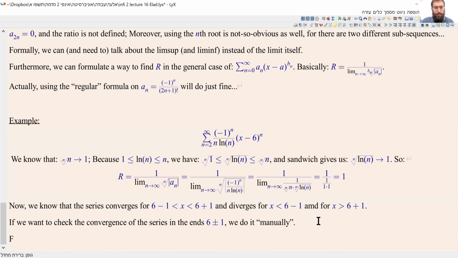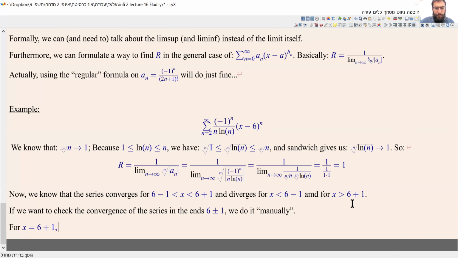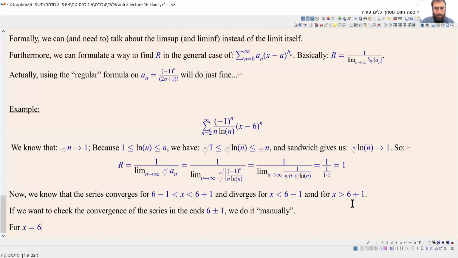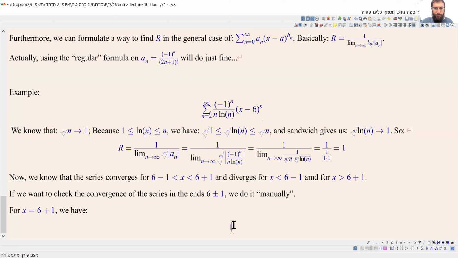For x is 6 plus 1, you are left with the series of minus 1 to the power of n above n ln n.